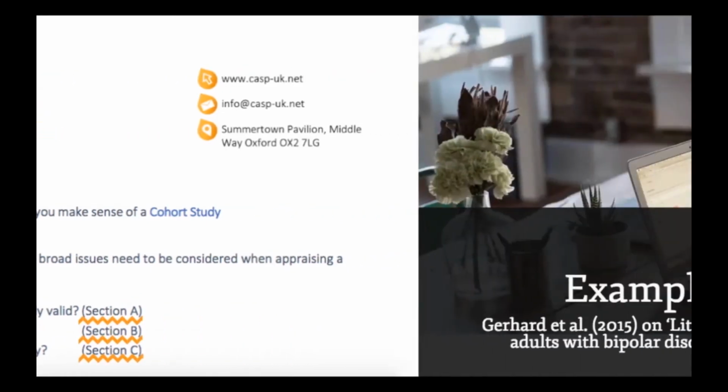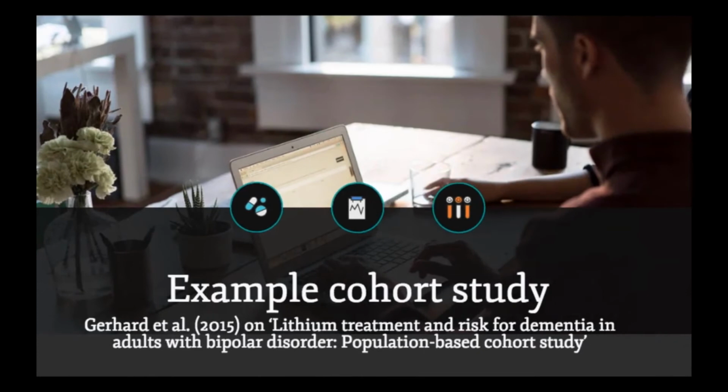The study we'll use to work through this checklist is by Gerhardt et al. 2015 on lithium treatment and risk for dementia in adults with bipolar disorder, a population-based cohort study, which you can also access by selecting the link below this video.